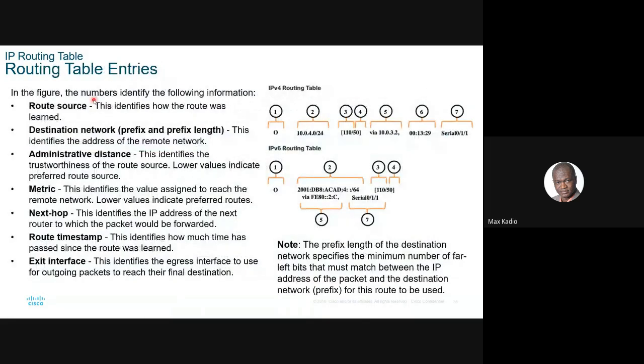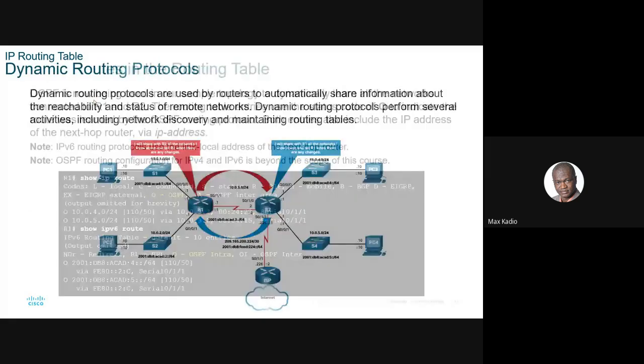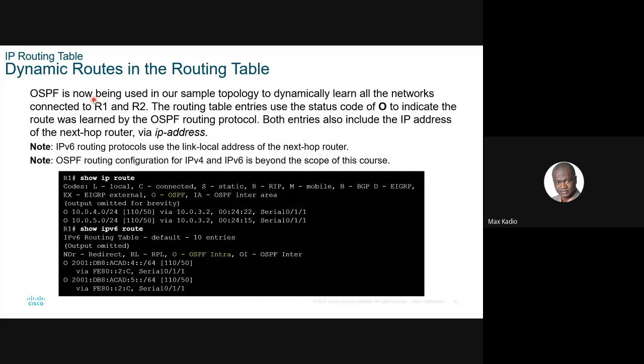So what is a routing table? A routing table is a list of, I'll show you. Yeah, so this is what you call a routing table. In the router, it's a list of routes or a list of remote networks the router knows about. It's like you want to go somewhere at the airport. You don't know where to take your plane, the gate to your destination.